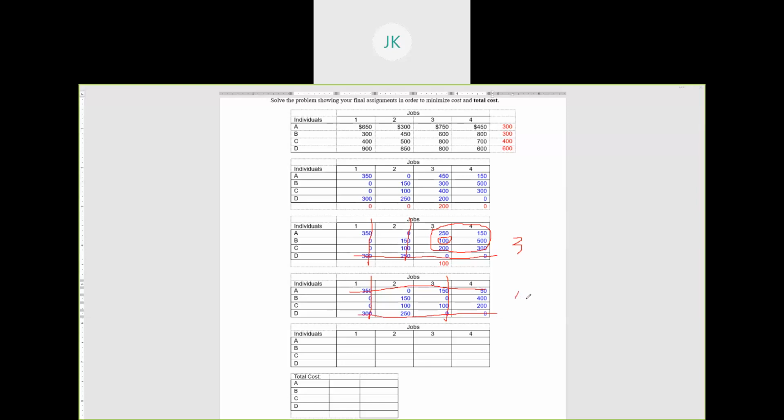So we use 4 lines, so we can get the optimal solution. So 0 here, this one, 0 here, here, and here, here, and here.